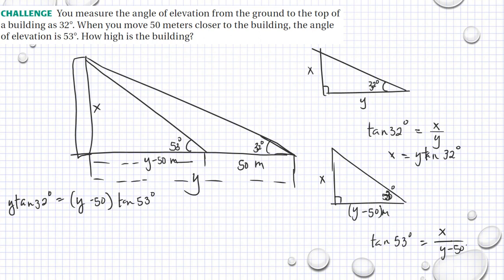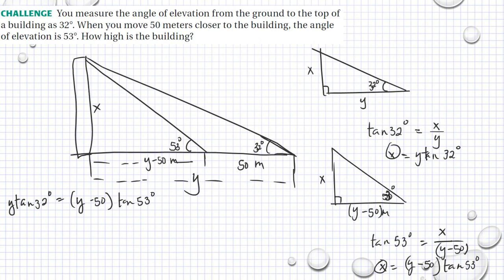If we multiply both sides of the equation by y minus 50, then we have x is equal to y minus 50 multiplied by tangent 53 degrees. And then I equated the x's.